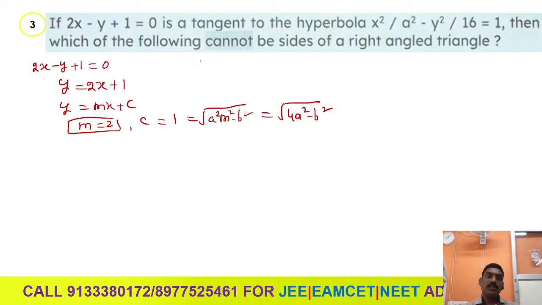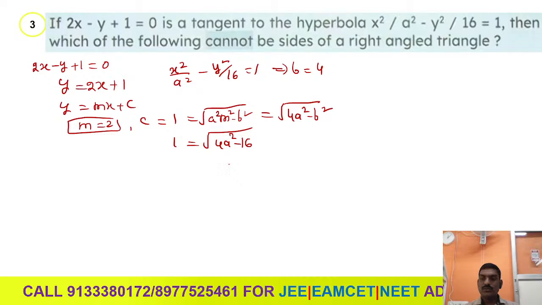Okay, and here the given hyperbola is x square over a square minus y square over 16 equal to 1. So from this we can get b is equal to 4, and 1 is equal to under root of 4a square minus b square, where b square is 16. So 4a square minus 16.